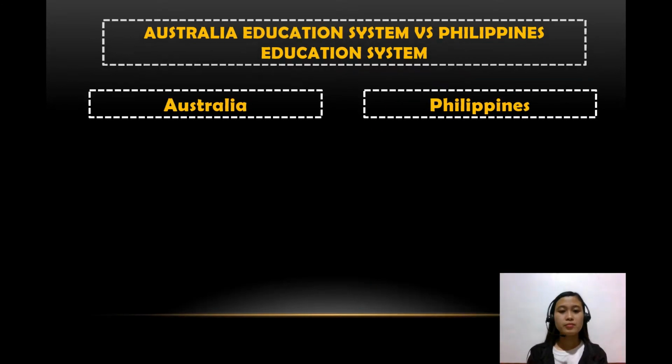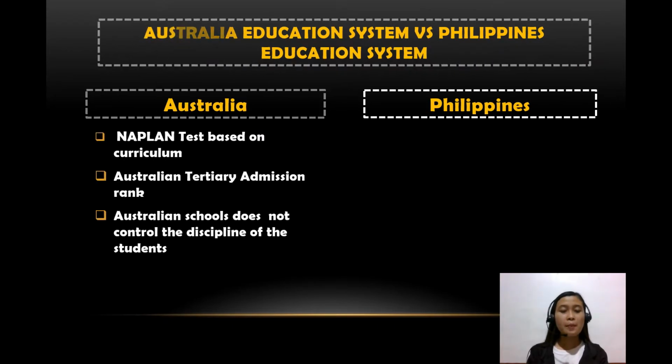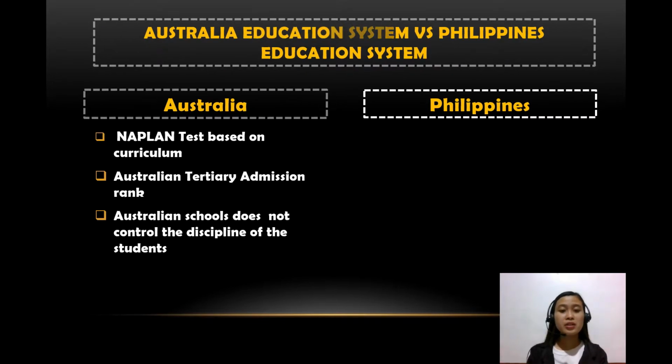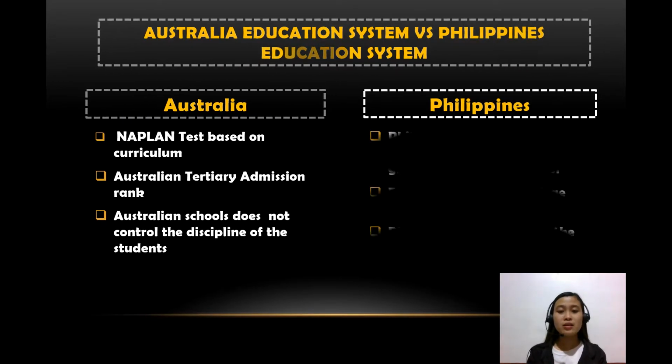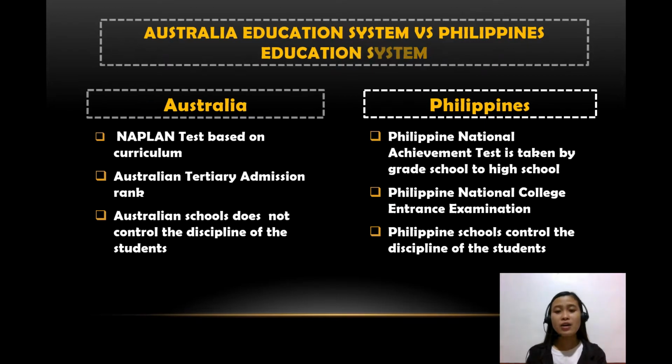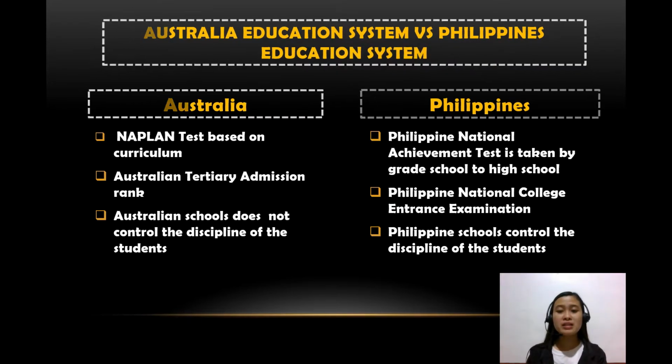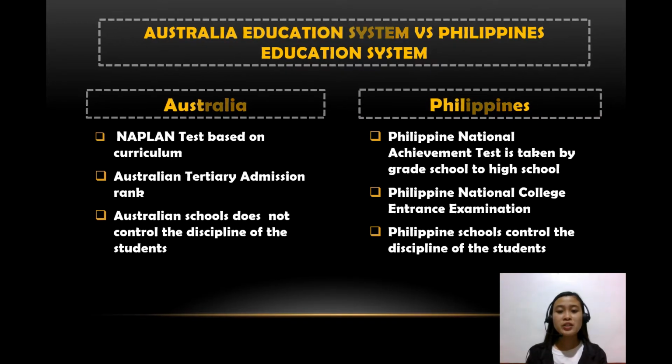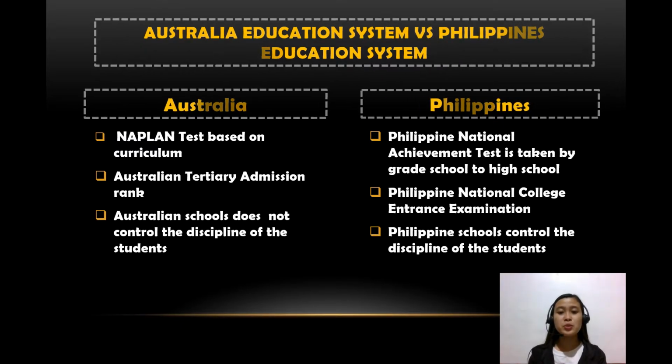Australia has the NAPLAN test based on curriculum, the Australian Tertiary Admission Rank, and Australian schools do not control the discipline of the students. Philippines has the Philippine National Achievement Test, which will be taken from grade school to high school, the Philippine National College Entrance Examination, and Philippine schools control the discipline of the students.